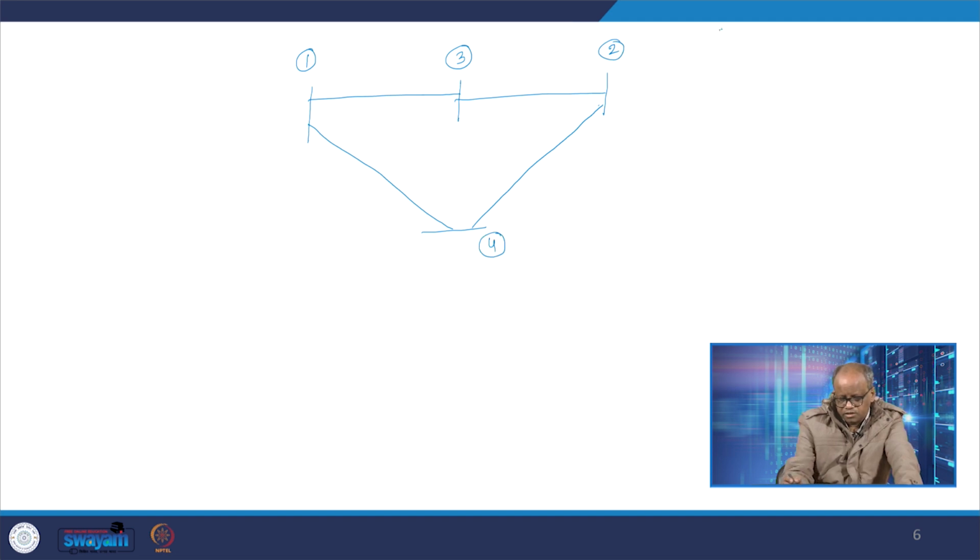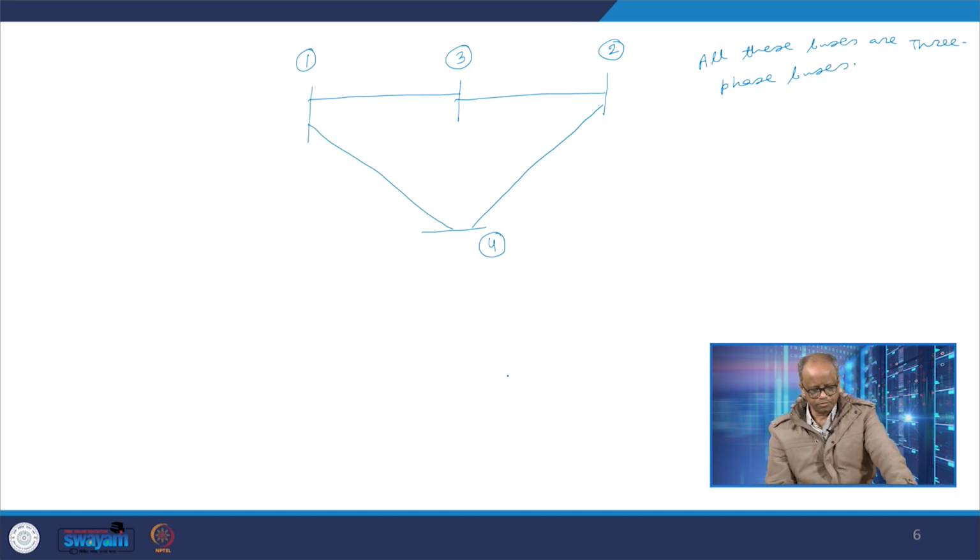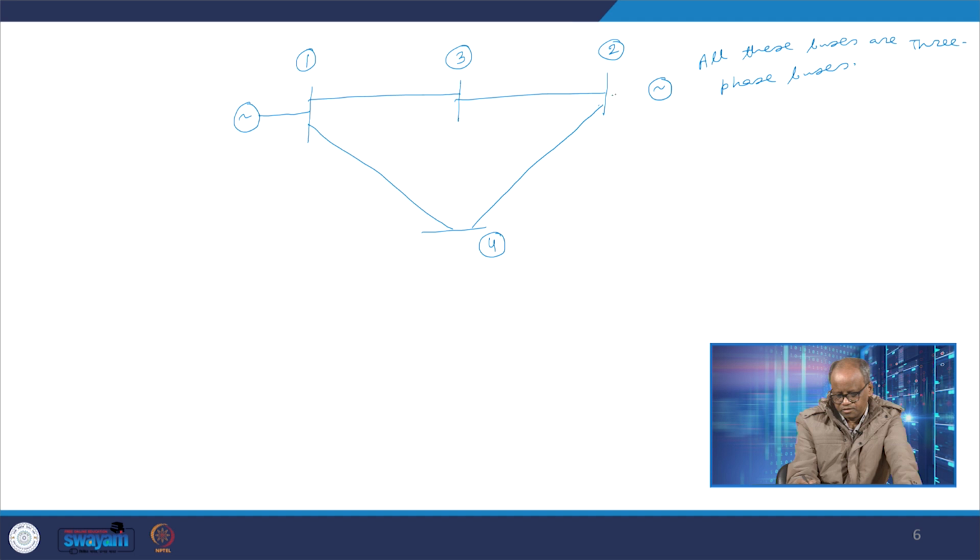So all these buses are 3 phase buses. Therefore all these buses have voltage magnitudes and angles, for example V1A, V1B, V1C, theta 1A, theta 2B, and so on. Suppose there is one generator connected at bus 1, another generator connected at bus 2, and there are loads at bus 3 and bus 4.